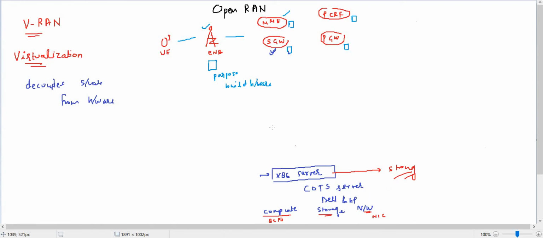So instead of installing dedicated hardware, COTS hardware is installed, and on that COTS hardware a hypervisor is installed, and on the hypervisor a guest OS is installed.